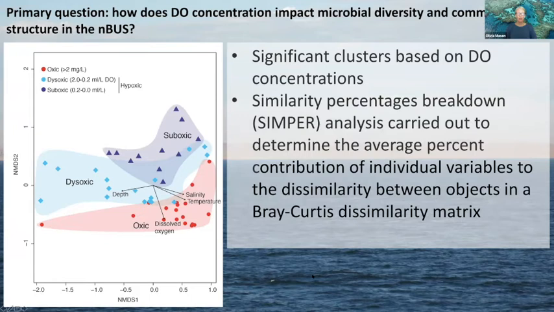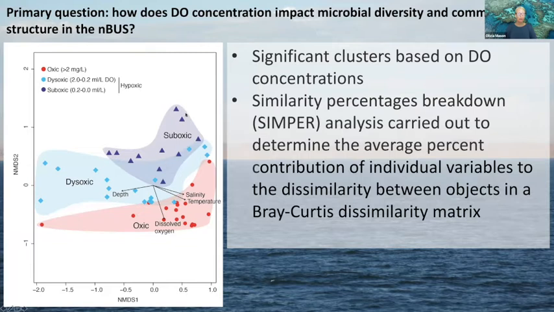All right, so we know we have significant clusters, but what microbes are leading to the differences in these suboxic, dysoxic, and oxic clusters? So I then carried out a SIMPER analysis, which just tells you the average percent contribution of individual variables or species that contributes most to the dissimilarity between objects or samples in this dissimilarity matrix.